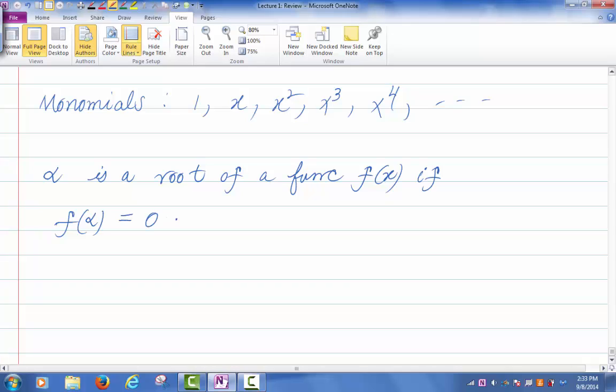Sometimes people use the word zero. Alpha is a root or a zero of a function f if f of alpha is 0. In other words, if you look at the graph of f, alpha is where it crosses the x-axis, which is the x-intercept.